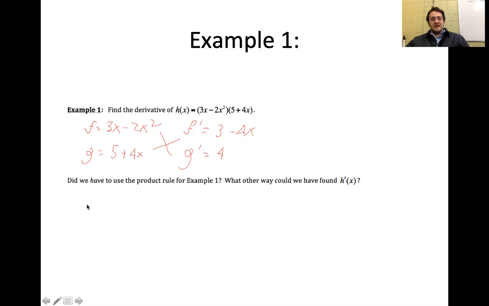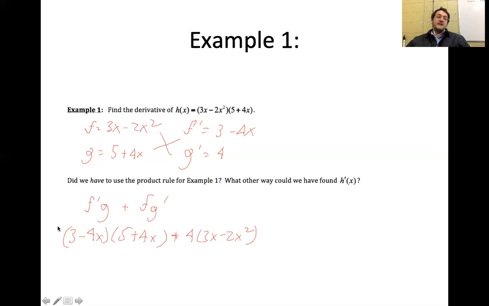So I would write f prime g plus f g prime. So I write 3 minus 4x times 5 plus 4x plus 4 times 3x minus 2x squared.